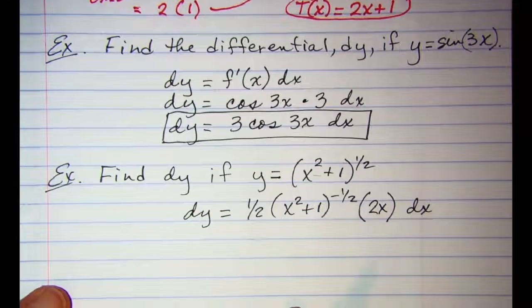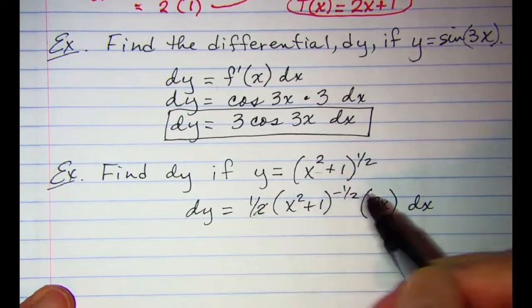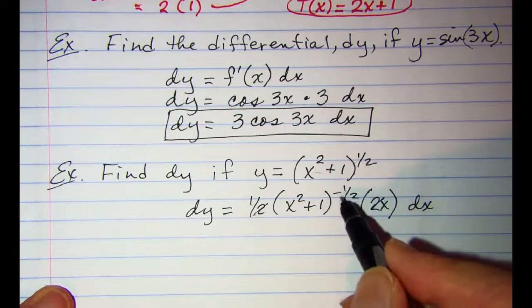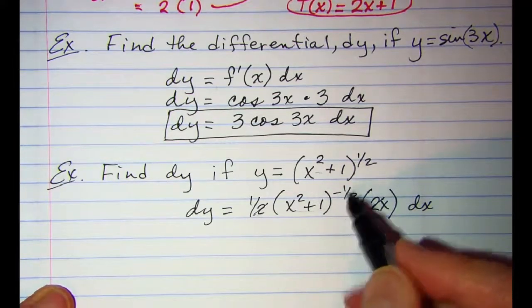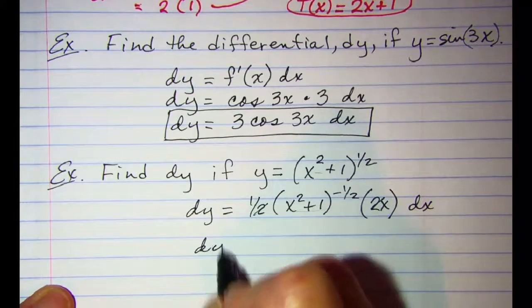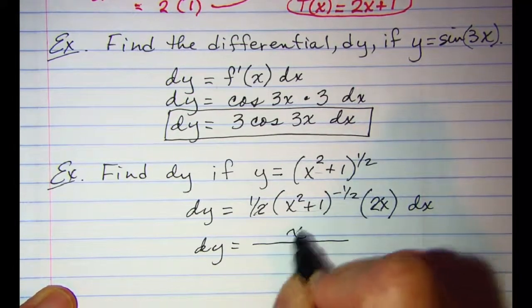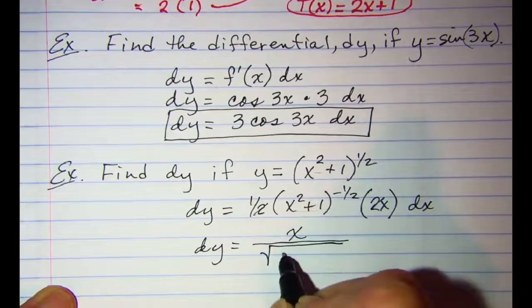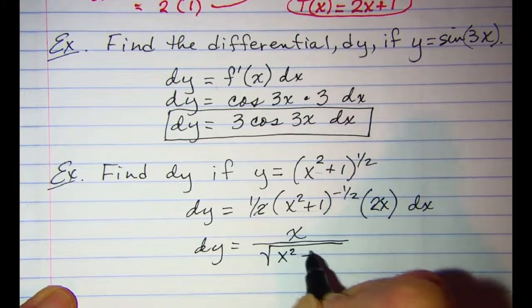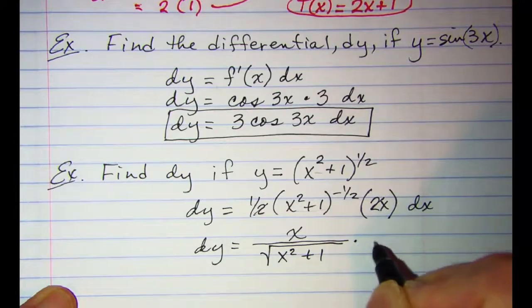We simplify this a little bit. We can cancel the 2's here and write this as a radical in the denominator. So we have dy equals x over the square root of x squared plus 1 times dx.